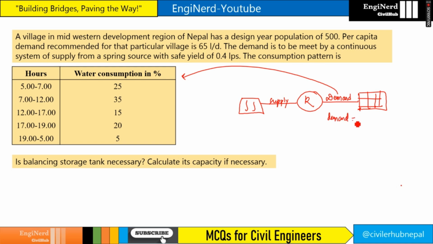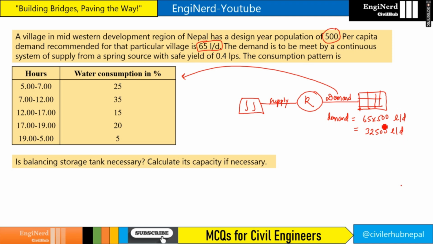So total demand is, for one person it is 65 liter per day, and we need to calculate for 500 people, right? So it will be 65 into 500, which is 32500 liter per day.